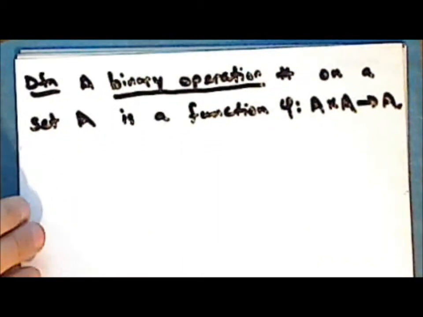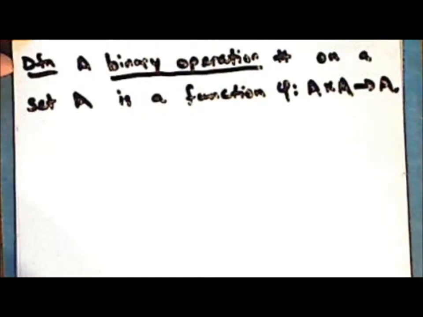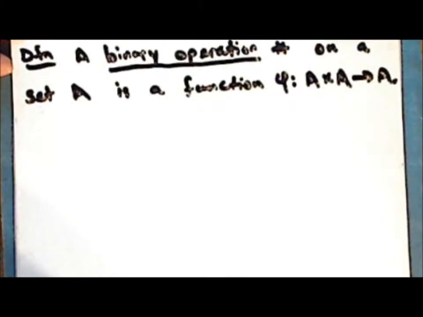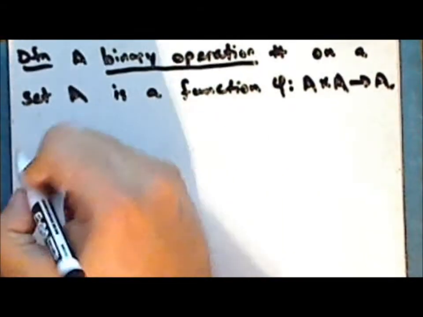Now, an important property of a binary operation is the property of closure. Closure is implied in the definition of a binary operation, but let's define closure.